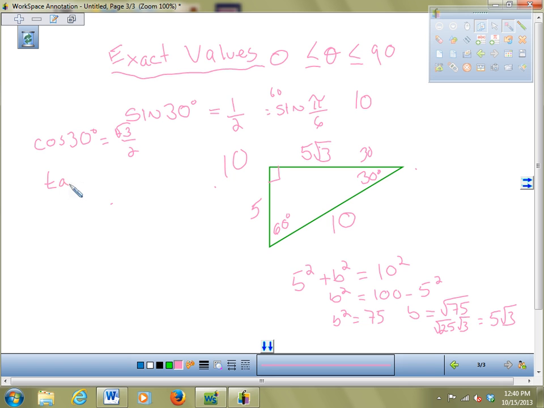What's the tangent of 30, or pi over 6 radians? Well, looking at this picture, what's it going to be? Opposite over adjacent, what's that?